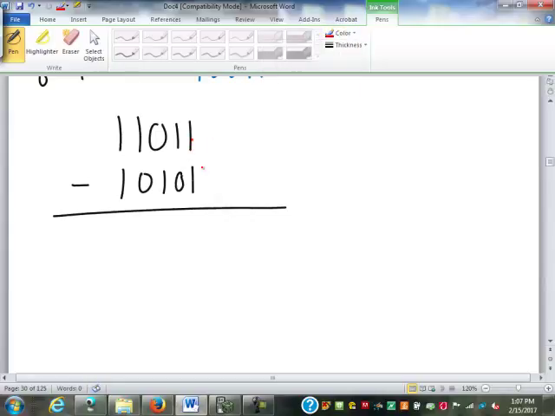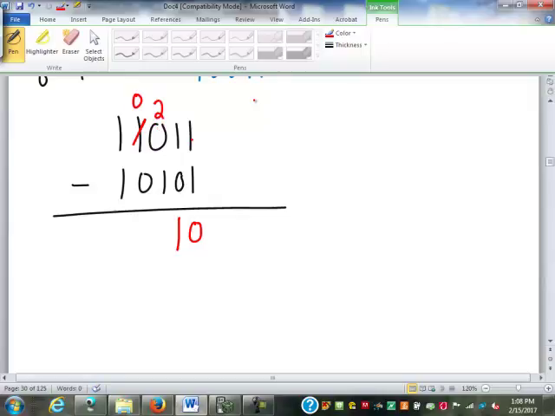Well, of course, 1 minus 1 is 0. 1 minus 0 is 1. There's nothing difficult there yet. Here, though, 0 minus 1 can't do. So we've got to borrow. Well, borrowing from this one makes that a 0. What did I borrow? 2.